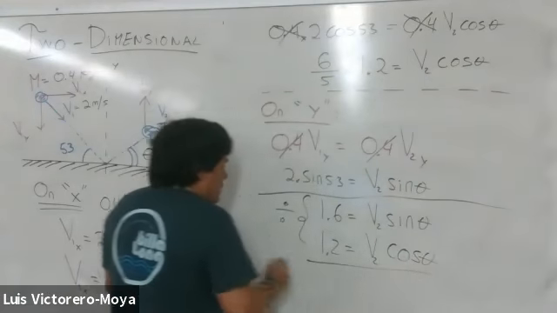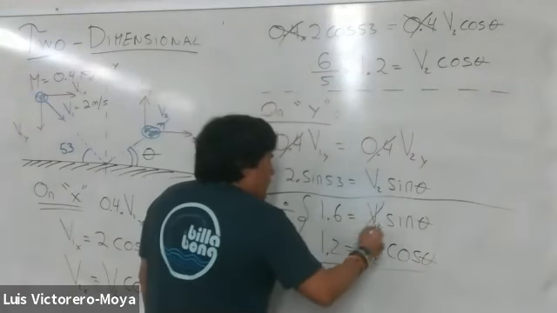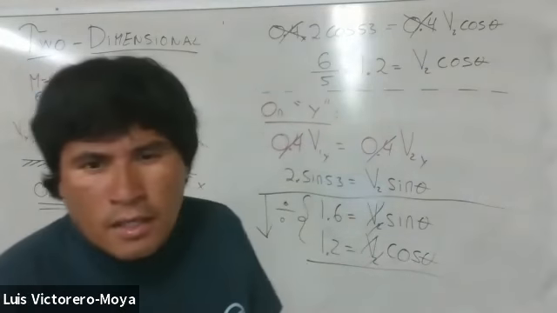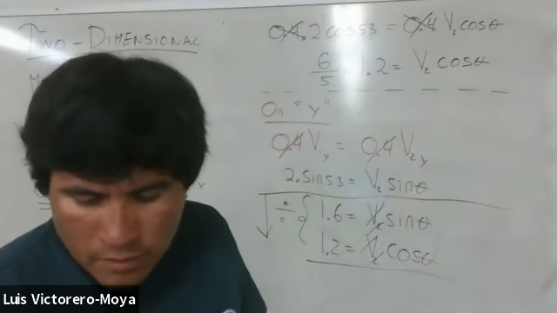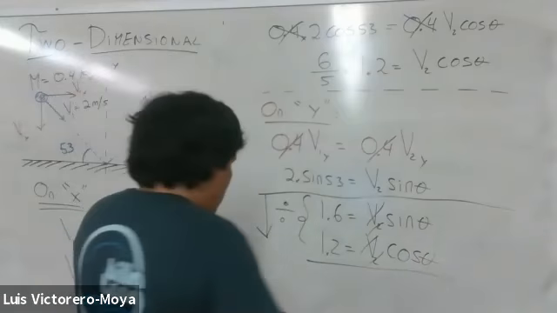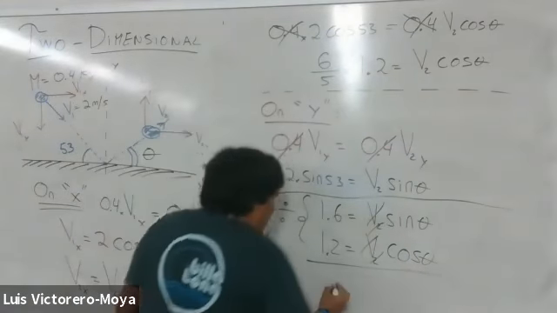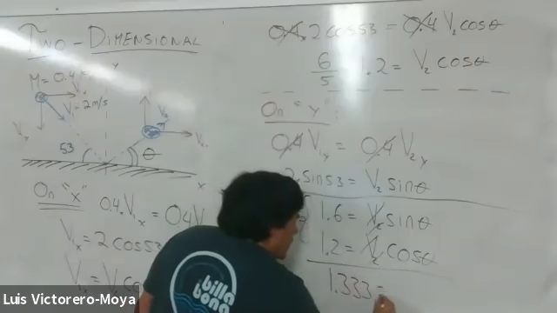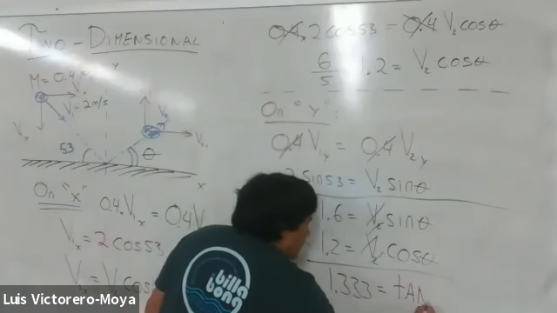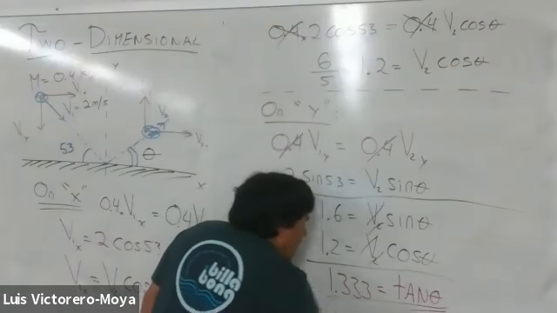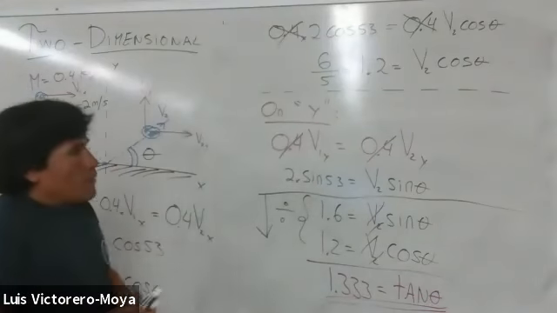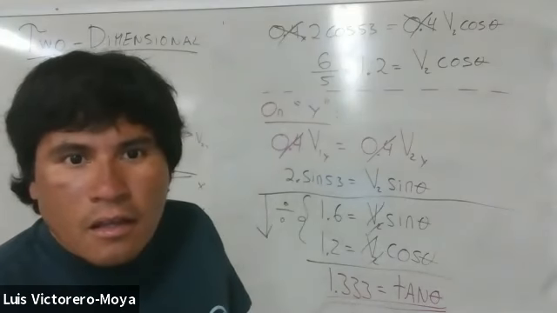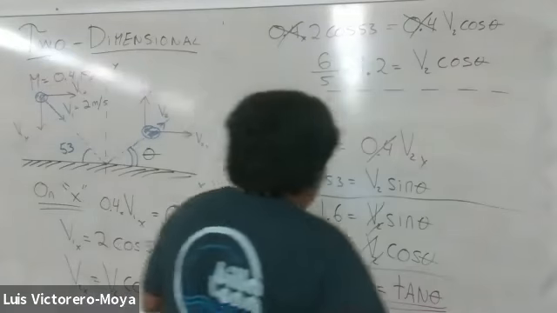If I divide like this, V2 cancels, 1.6 over 1.2, that should be 16/12, right? 1.333 is equal to tangent of theta. And guess what? If I'm correct, that should also be 53. Let's see. Yeah. So theta is 53 degrees.